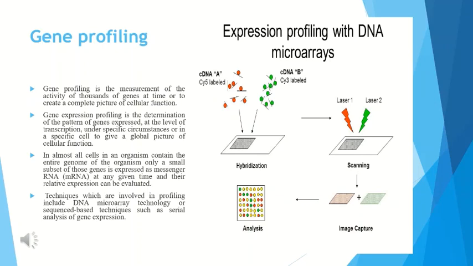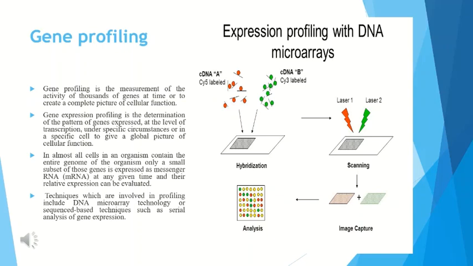Almost all cells in an organism contain the entire genome of the organism. Only a small subset of those genes is expressed as mRNA at any given time, and their relative expression can be evaluated.